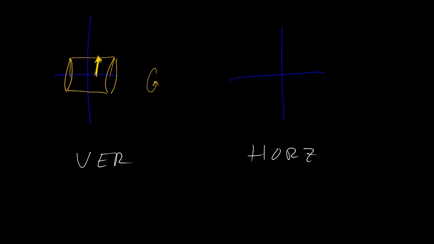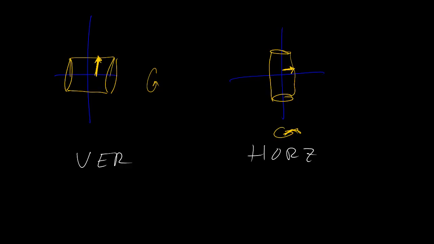Similarly, if we have a shape that we're revolving around the y-axis, we get the same shape, a can, but what's different is that this radius is going horizontally. So vertically, that's where the radius is going, and horizontally, that's where that radius is going.